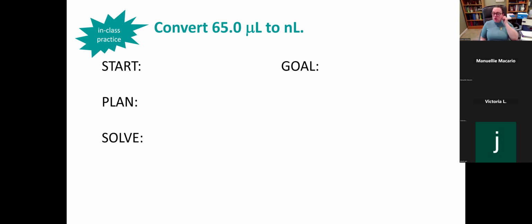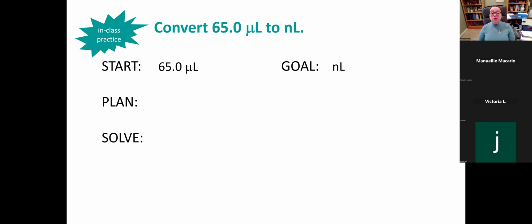All right, yeah, we are trying to get to nanoliters, right? So this is one of the most straightforward conversions we can do. So I convert this into that, right? You know what your start is and you know where you're going. Yep. All right, so 65.0 microliters and nanoliters.